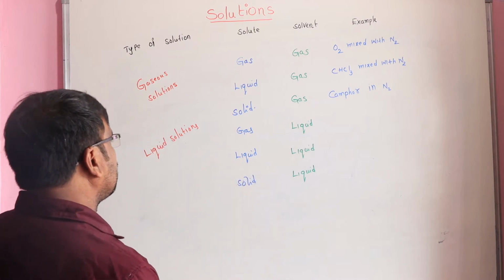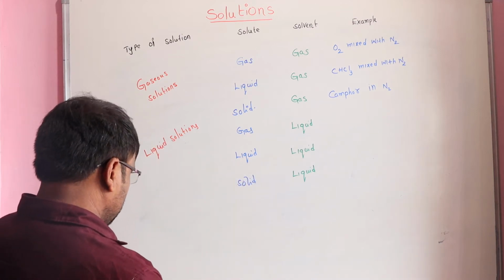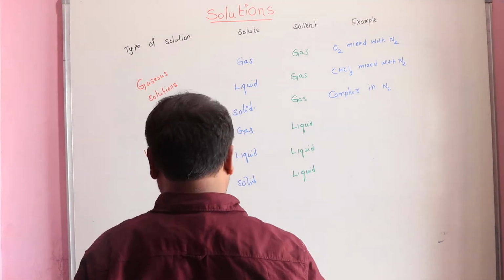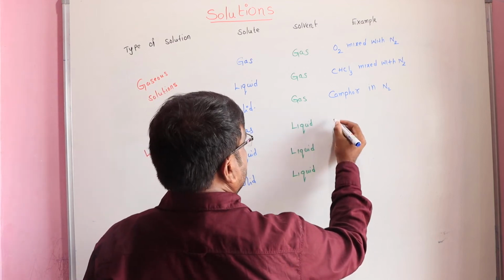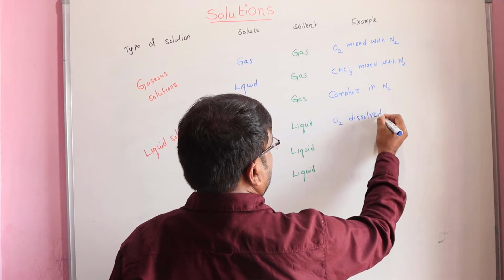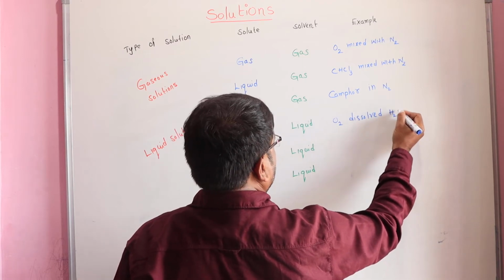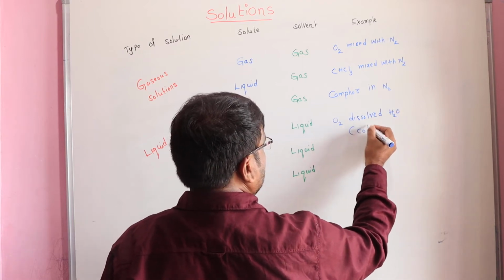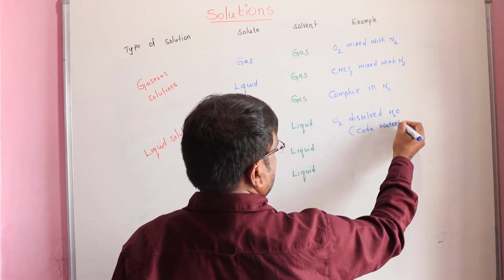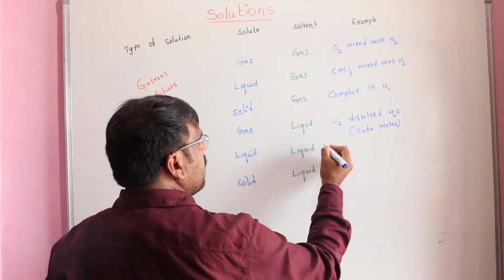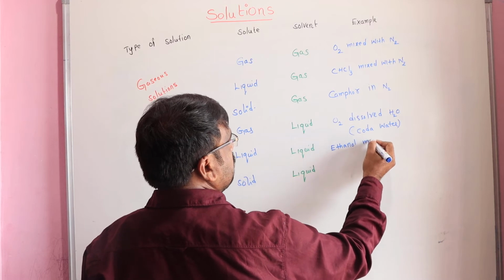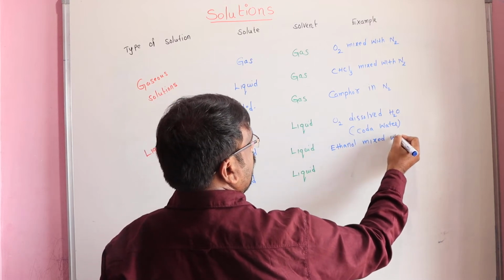The best example for gas in liquid is dissolved oxygen, or oxygen dissolved in water, and soda water is also a good example. Liquid in liquid, there are many examples, like ethanol mixed with water.